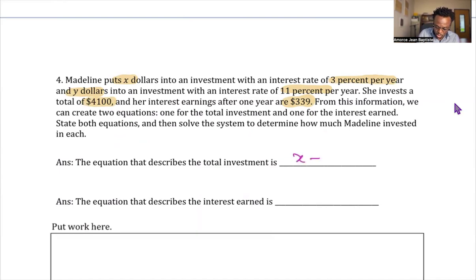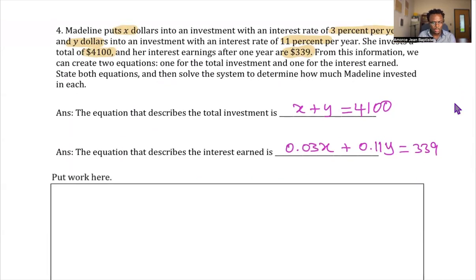So that's X plus Y equals $4,100. And then the interest equation will be 0.03X plus 0.11Y equals 339.